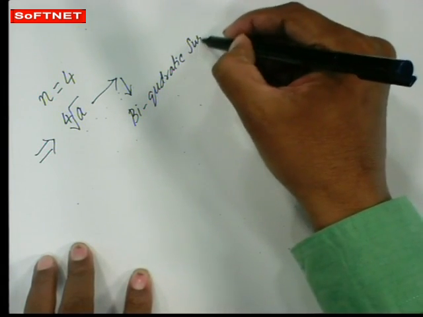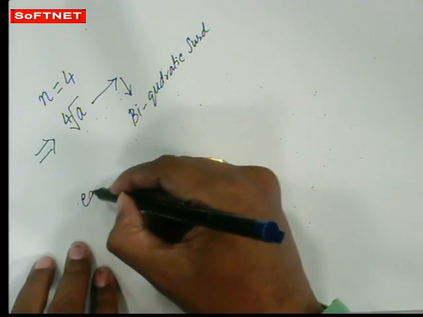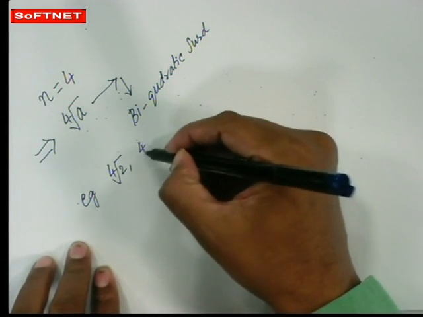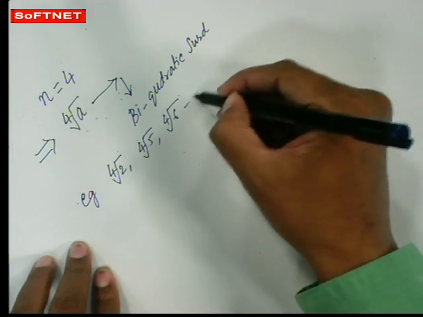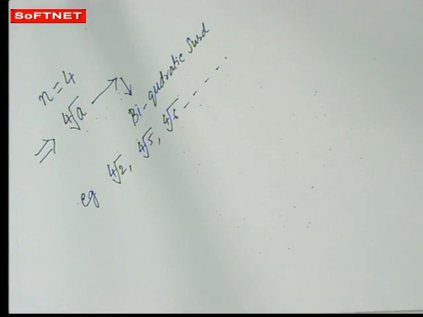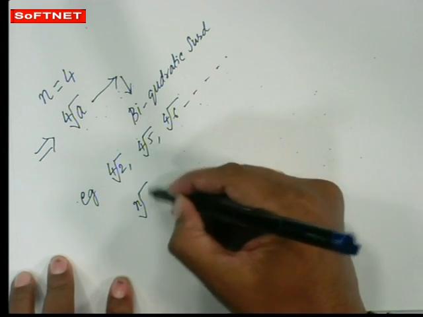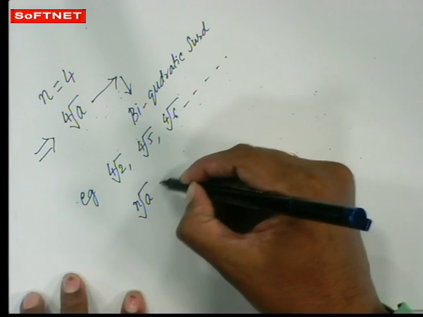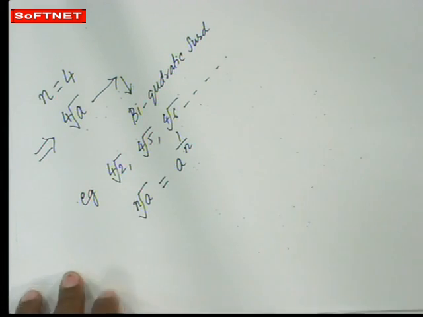Examples: 4th root 2, 4th root 5, 4th root 6 and so on. So nth root a is a surd, and this nth root a is equivalent to a to the power of 1 by n.